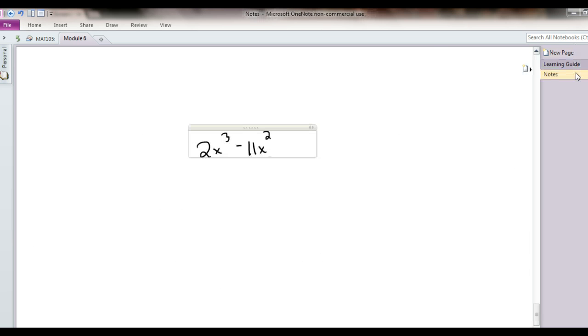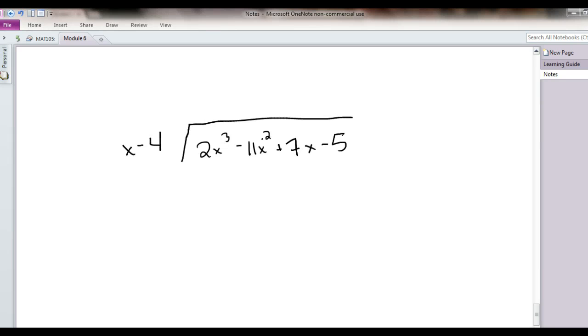Minus plus minus. And what were we dividing by? x minus 4, because x equals 4 is the 0. So how does this work? Well, 2x squared multiply 2x to the third minus 8x squared. And we subtract.